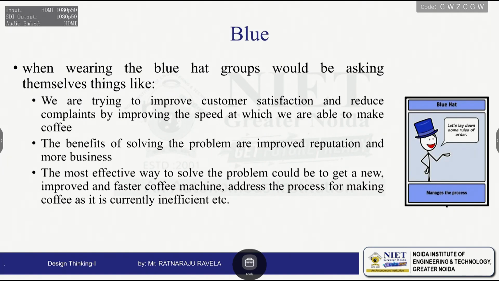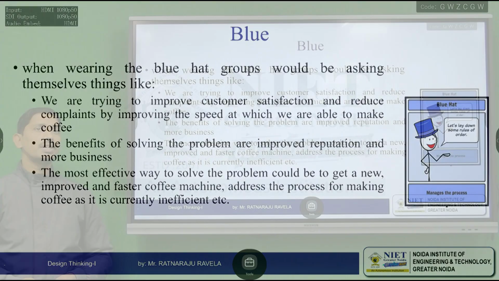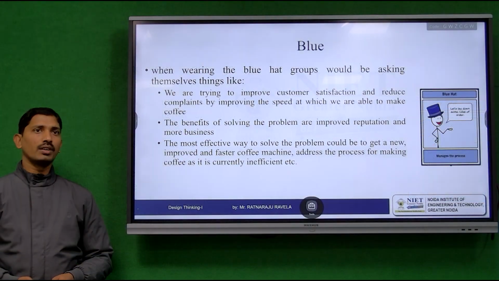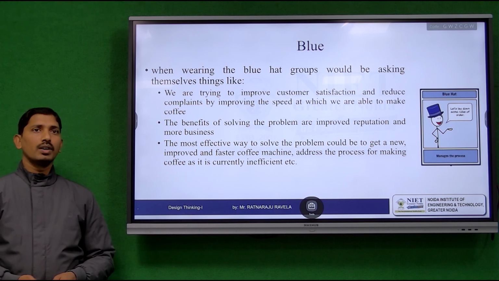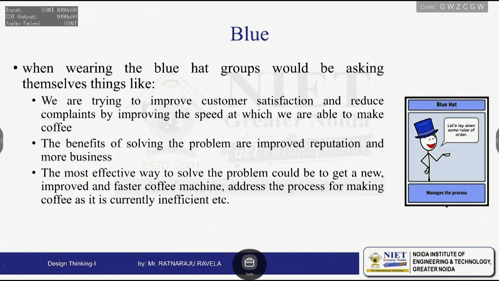Coming to the blue hat. When wearing the blue hat, a group would be asking themselves: we are trying to improve customer satisfaction and reduce complaints by improving the speed at which we are able to make coffee. Okay, so a more effective, more beneficial way. The benefits of solving the problem are improving the reputation and all the better things, like improving the business.